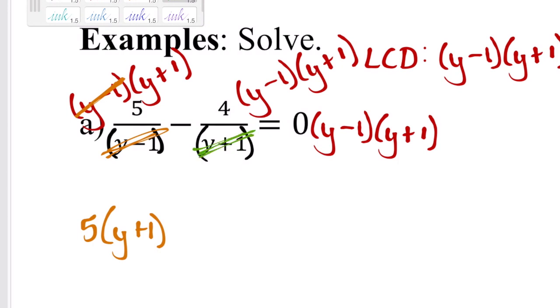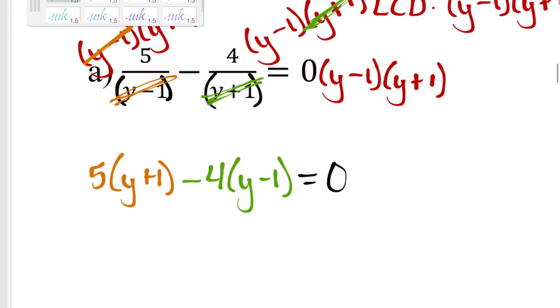My y plus 1s cancel out with the second term, so I'm left with that minus 4, y minus 1. And anytime I multiply anything with 0, even y's, I still end up with 0, so that doesn't really matter. Now I can solve as normal using my distribution and solving for my y, getting it by itself.